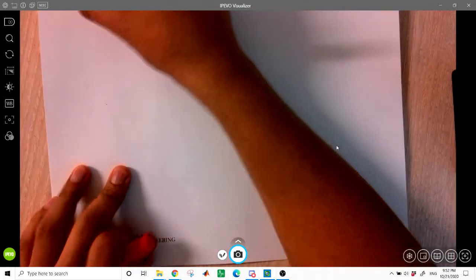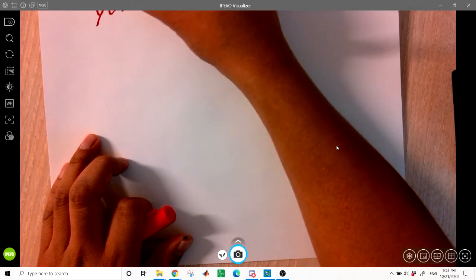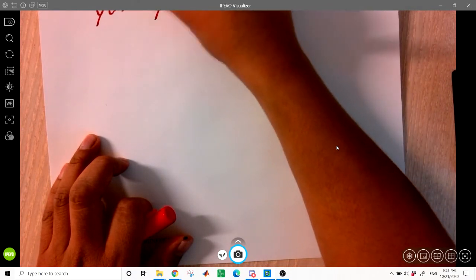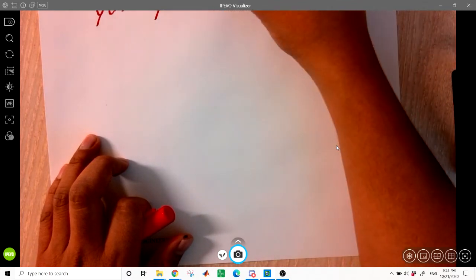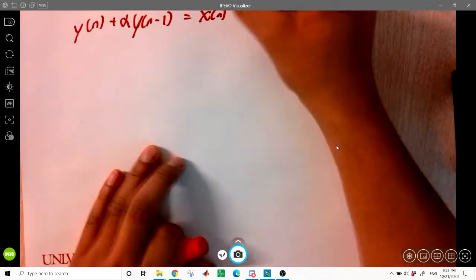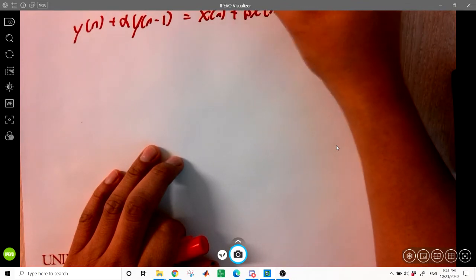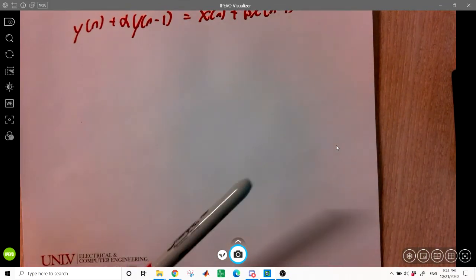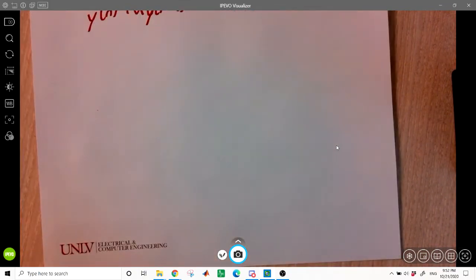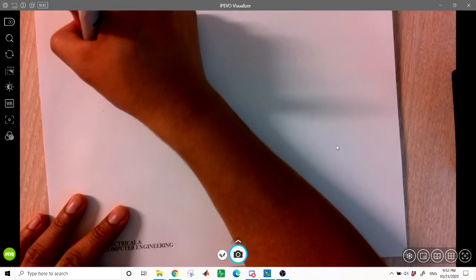Let's go with red pen. So let's recall our y of n plus alpha y of n minus 1 is equal to x of n plus beta of x of n minus 1. The one thing we're going to solve for right now is h of zeros.